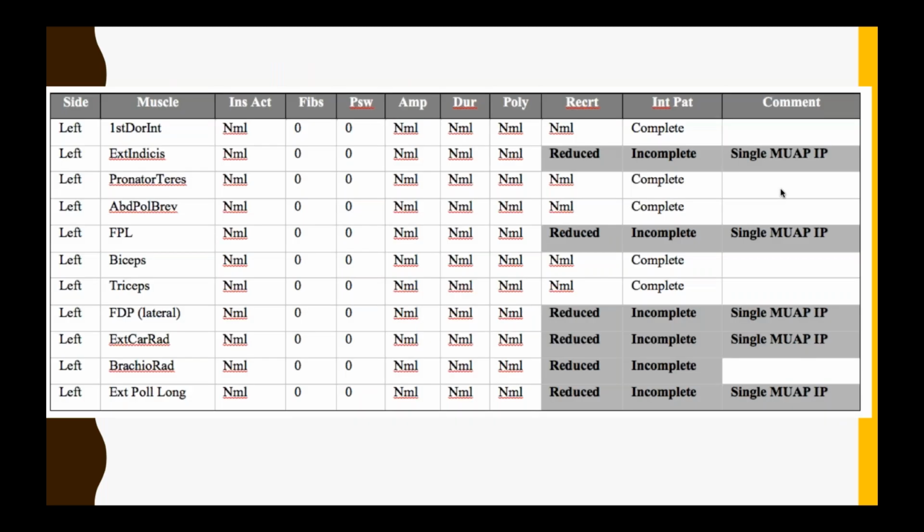So there's the EMG data, and we can see that we had no spontaneous potentials and normal motor units, but the recruitment and interference was significantly reduced and abnormal in the muscles innervated by the radial nerve distal to the elbow, distal to the triceps, and also abnormal findings of the anterior interosseous, with the flexor digitorum profundus being abnormal, and flexor pollicis longus as well.